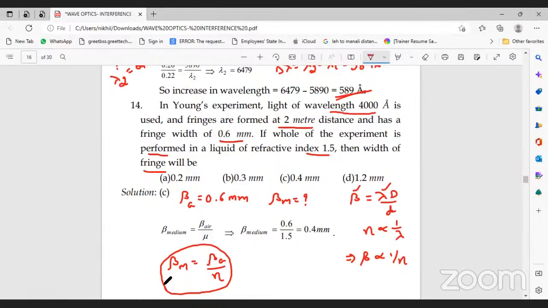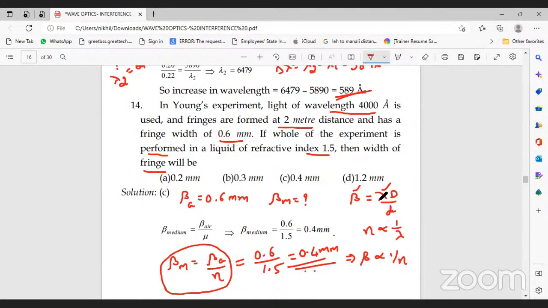What is the fringe width in air medium they have given? 0.6 mm. What is the refractive index? 1.5. So what is 0.6 divided by 1.5? 0.4 mm.